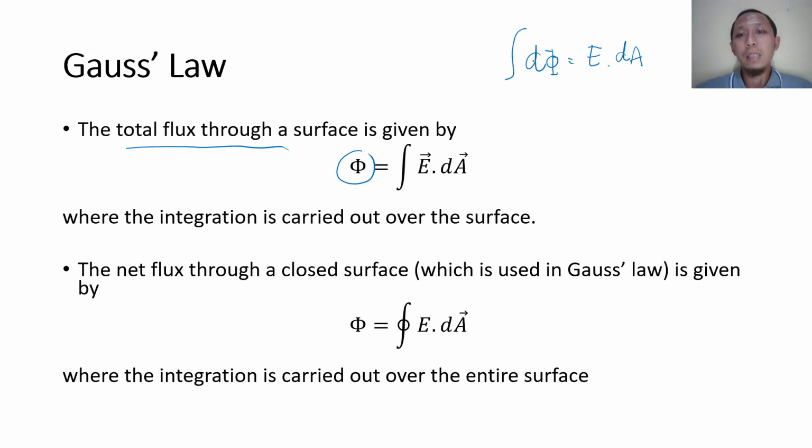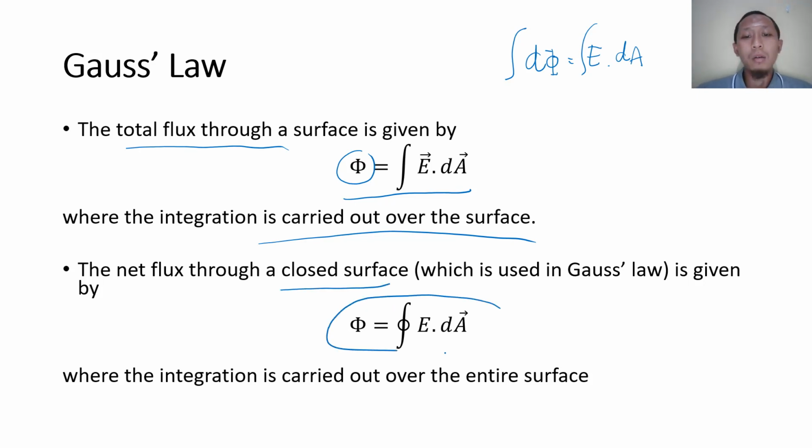So if we make an integral on the left side and the right side, we can get this one. So the total flux is the integral of the electric field and dA. So we can carry it out over the surface. And then the net flux through a closed surface, we can call it the Gauss law, like this one. So this is the flux and our total flux in the surface.